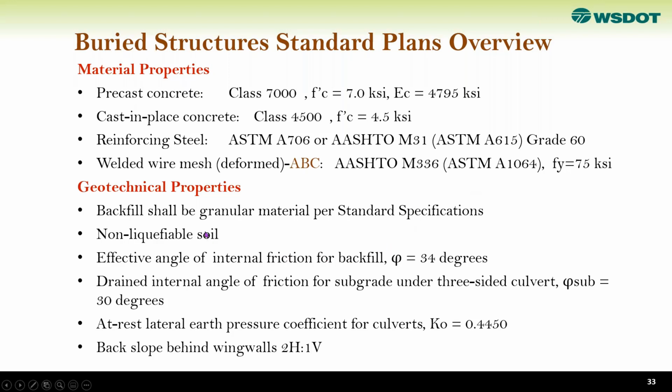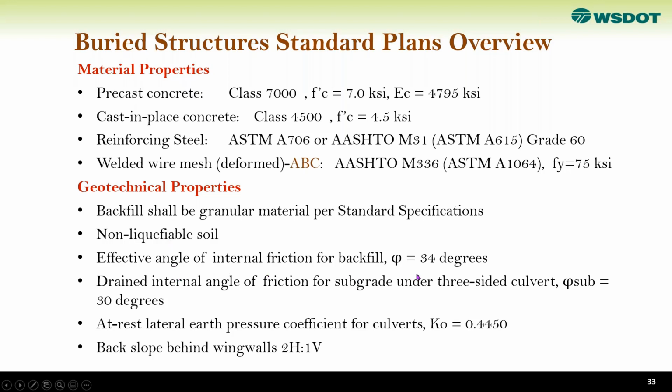Geotechnical properties are important for a standard plan, so we are working very closely with the geotech office. The backfill shall be granular material per standard specification, non-liquefiable soil. For anything liquefiable, we go back to the conventional design on a case-by-case basis.